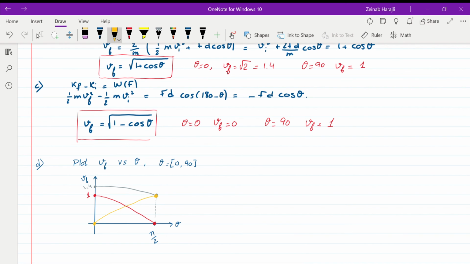This is our graph. So this is for the third expression, 1 minus cosine theta. This one was our first expression, which is radical cosine theta. And here we had our second expression, which is radical 1 plus cosine theta.